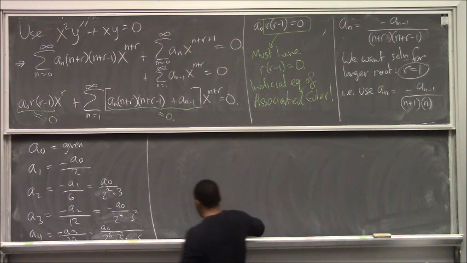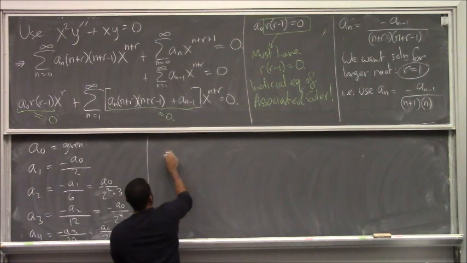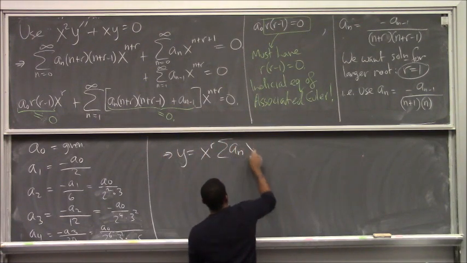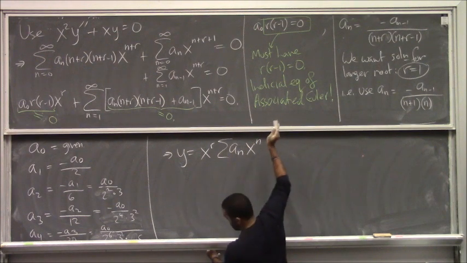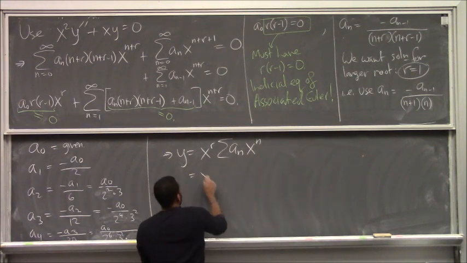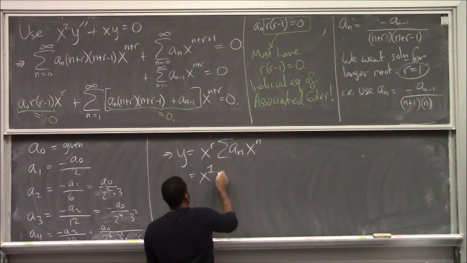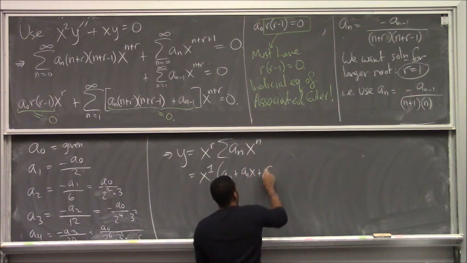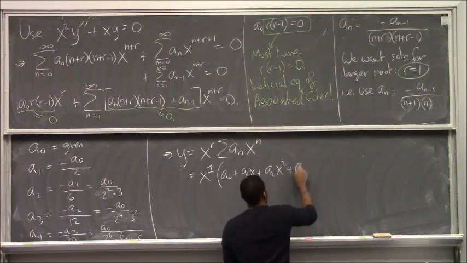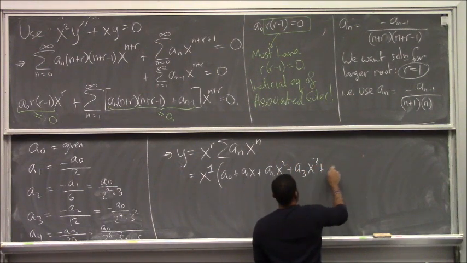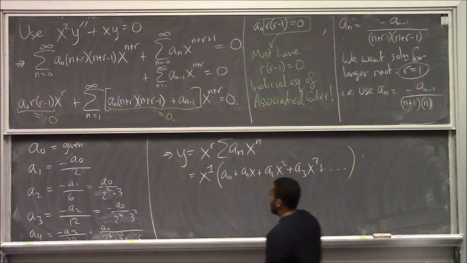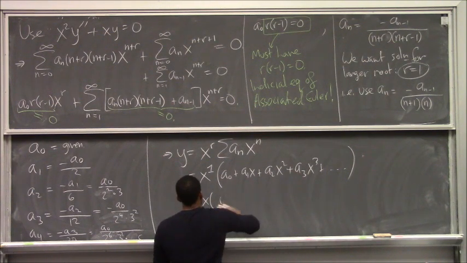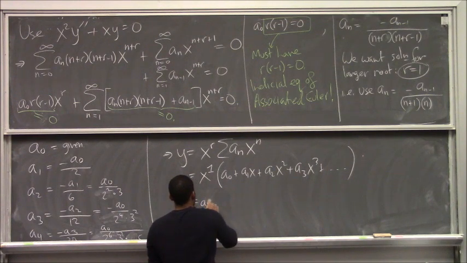So, this means our y was equal to x to the r times the summation of a_n x to the n, right? That's what x to the n plus r would look like. So this is x to the r, I'm thinking of r as 1, times a0 plus a1x plus a2x squared plus a3x cubed plus, and so this is going to be x times a0, which I can factor out.